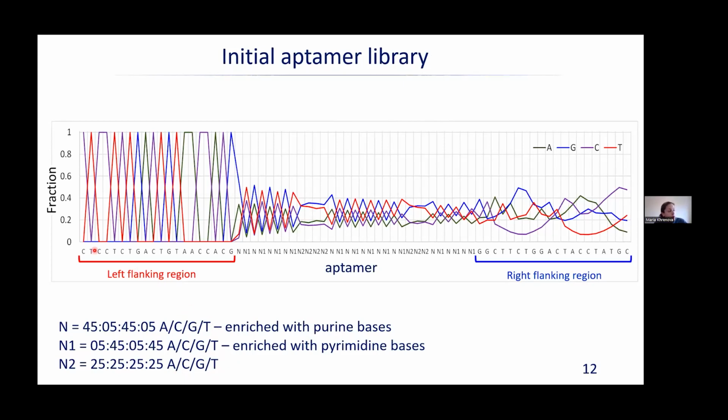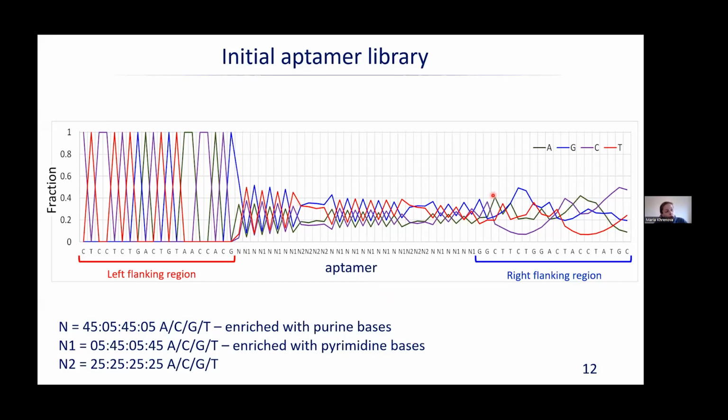So to do this, we performed alignment of the left flanking region, and after that, we checked the composition at each coordinate. What we found is that for coordinates that are close to the region that was aligned, we indeed see the considerable enrichment as it should be.